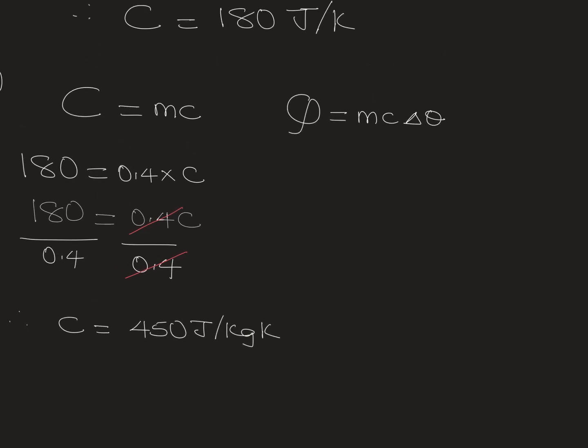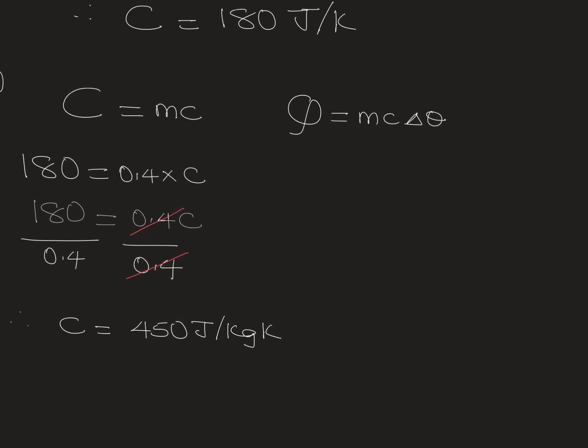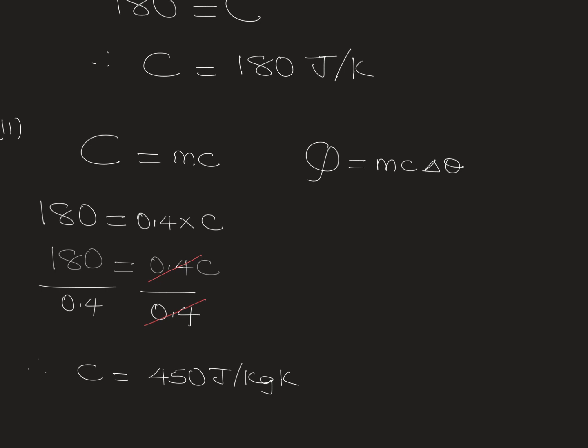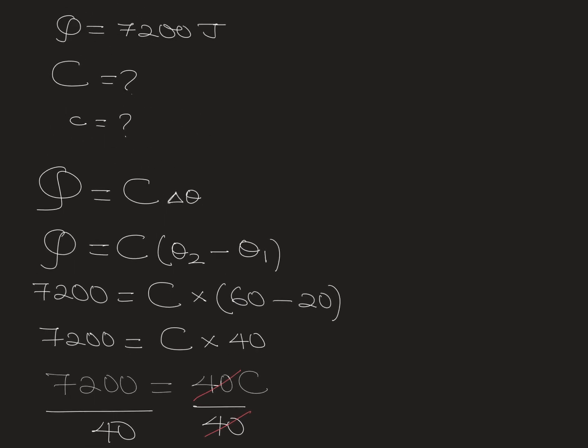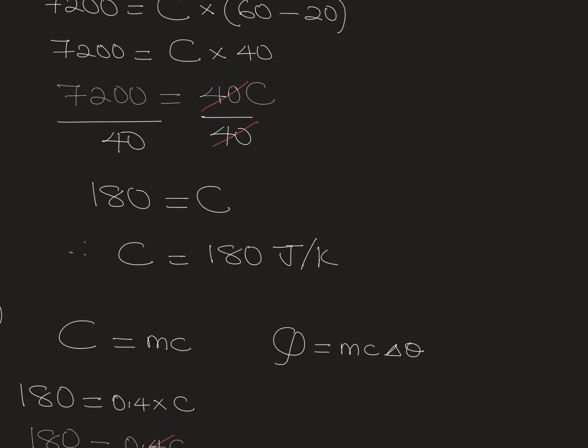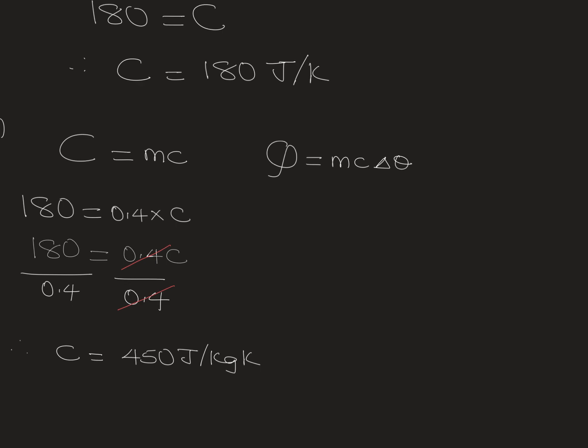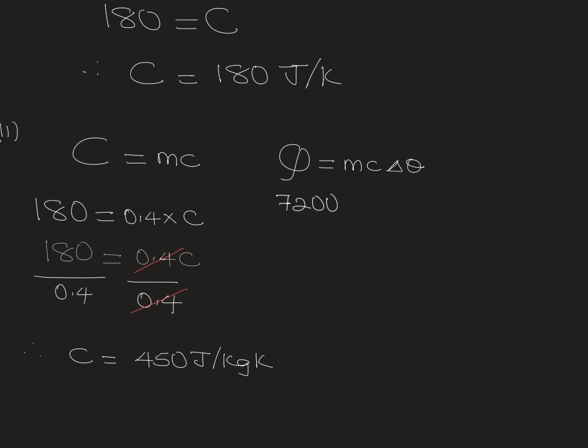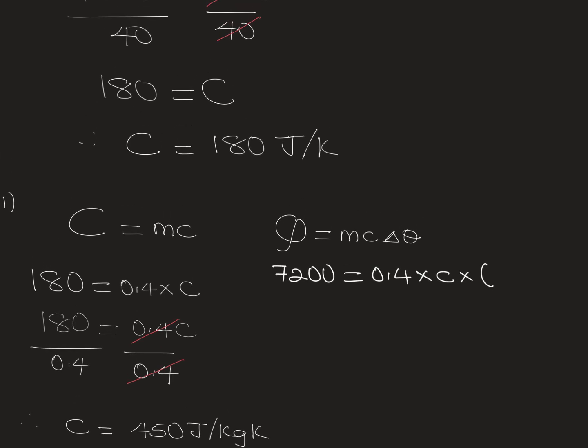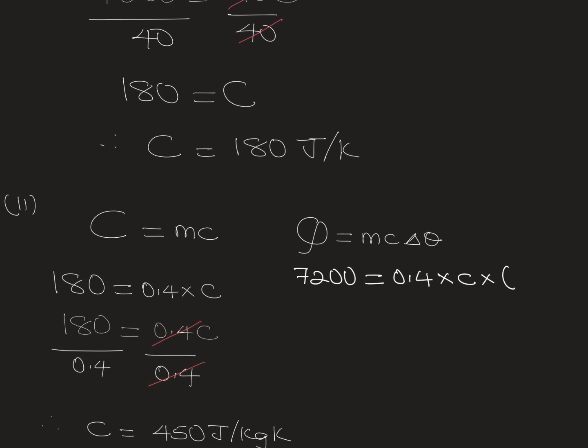Alternatively, if we want to use the other formula, Q is equal to mc delta theta. Q is given in the question, that is the quantity of heat, which is given as 7,200 joules. So we can say 7,200 is equal to, the mass is 0.4, multiplied by the specific heat capacity, multiplied by the delta theta, which will be theta 2 minus theta 1, and theta 2 is 60 minus theta 1 is 20.